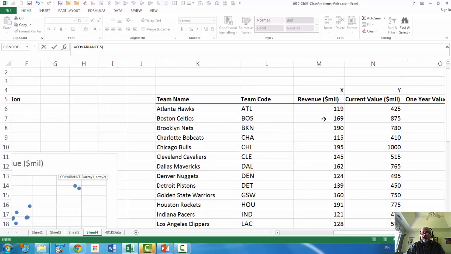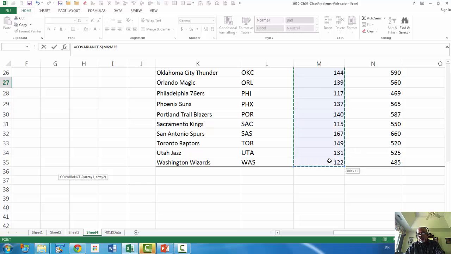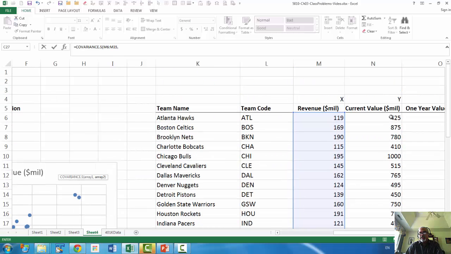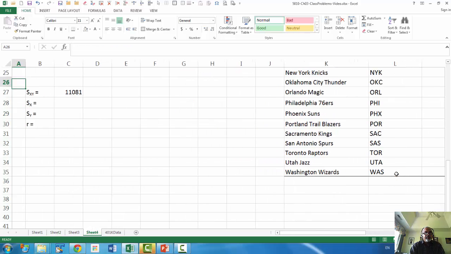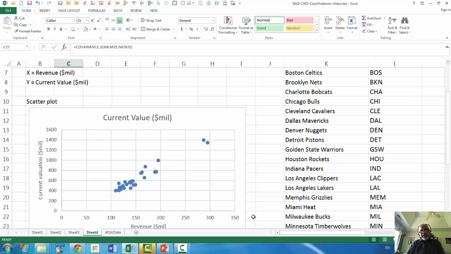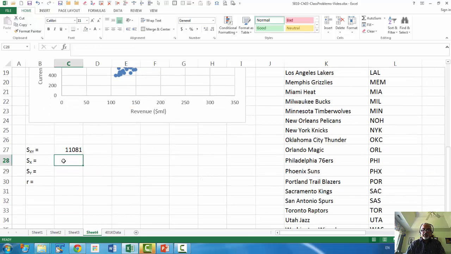And the order in which you give the data arrays is immaterial. You can go x first and then y, or y first and then x, it doesn't matter. So that's our covariance, and you see that it is a positive number. If this relationship had been a negatively sloped relationship, this would have been a negative number.